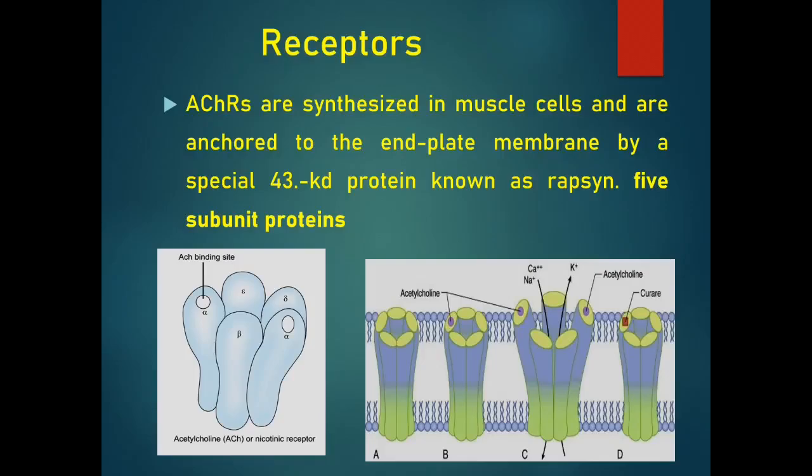These curare molecules go and act on these receptors, preventing the acetylcholine from acting and thereby producing a prolongation of the muscle relaxation. So how does this get reversed? That we will see later. It is mainly because once this curare gets metabolized by the pseudocholinesterase enzymes, these receptors are available for the acetylcholine to come and act, and it produces a closure of your end plate.